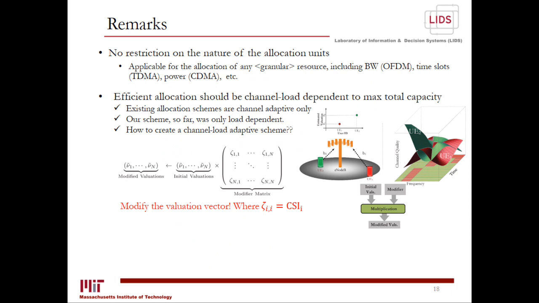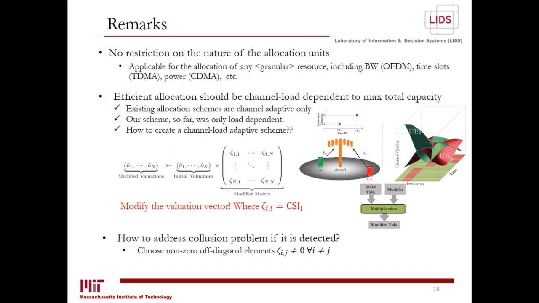So higher valuation is going to be experienced here when both the initial valuation estimations are higher, and also the channel state information is better, meaning that, for example, the device is closer to the base station. We can even go one step further by putting these non-diagonal elements to non-zero values in order to somehow oppose the idea of collusion between devices, even if that's possible.